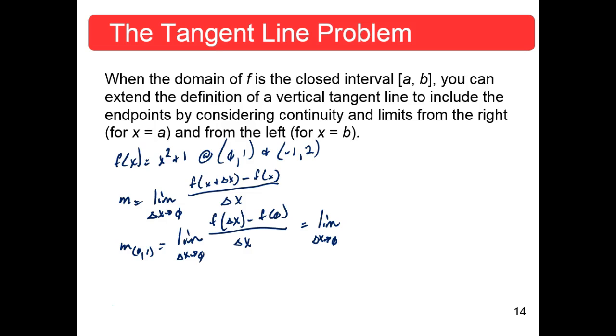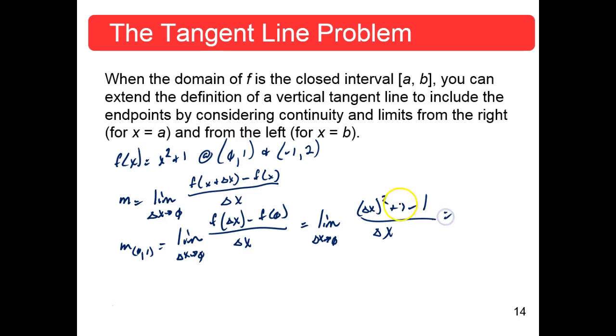So you square delta x, that would be delta x squared plus 1, minus f of 0. Do the same thing, plug in a 0 here. So just 1, minus 1, over delta x.